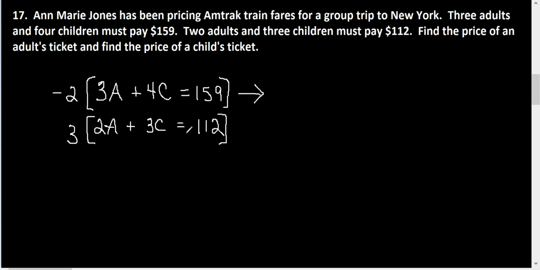Okay. I'll rewrite this problem to be negative 6a minus 8c, and that's going to equal what? Let's see, I've got 2 times 159, is that 368?